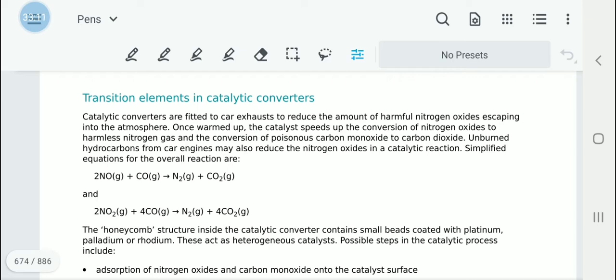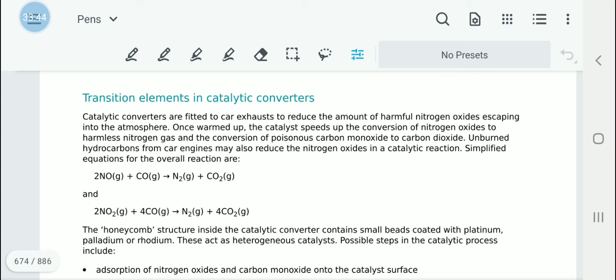When the catalytic converter is warmed up, the catalyst will speed up the conversion of nitrogen oxides to harmless nitrogen gas, and carbon monoxide would be converted to carbon dioxide, which is harmful, but still less harmful when compared with carbon monoxide. Then the unburnt hydrocarbons will also reduce nitrogen oxides in the catalytic reaction.